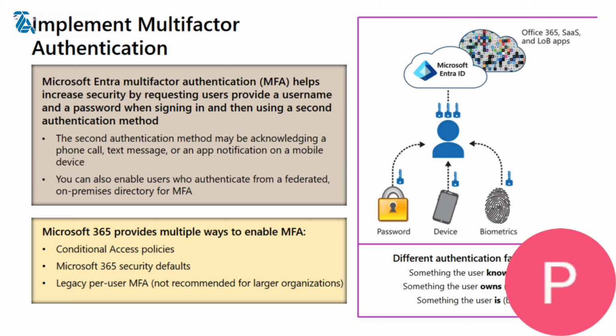It can be via an authenticator, a text message, an additional security question, or biometrics. There are a lot of options available. You can also implement it using conditional access policies, Microsoft 365 security defaults, or the legacy per-user MFA. But per-user MFA we don't recommend for huge organizations, right? It is basically access that is suitable for a smaller set of organizations.